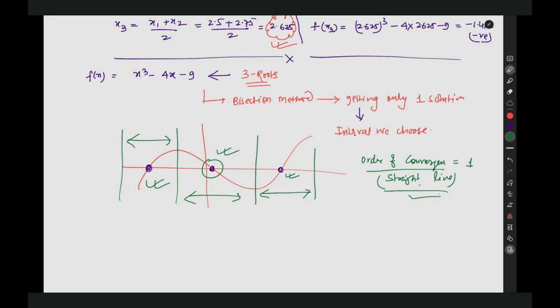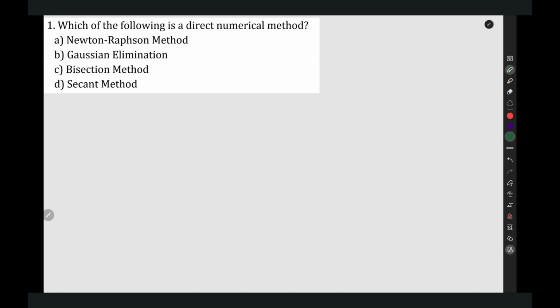Now we will solve 5-6 questions from this topic to understand the concept more deeply. Then we will proceed to the next method. So the first question is, which of the following is a direct numerical method? We have seen that this is for a non-linear algebraic equation where the slope is variable. This one is a linear algebraic equation and this one is direct.